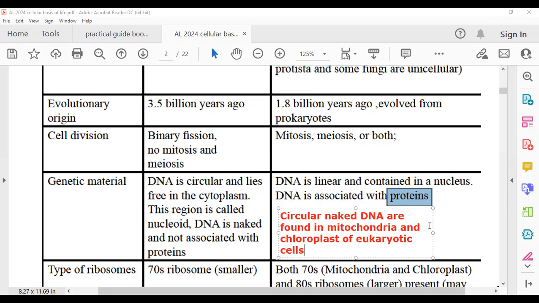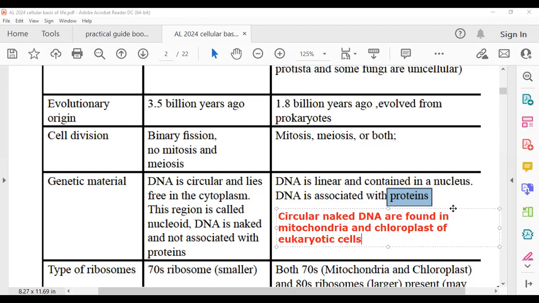Eukaryotic cells. Eukaryotic cells also have circular DNA, but not in the cytoplasm, not in the nucleus. Where can you see that one? Inside the mitochondria, inside the chloroplast. Mark that point there. Very useful point for you in exam papers, MCQ points.